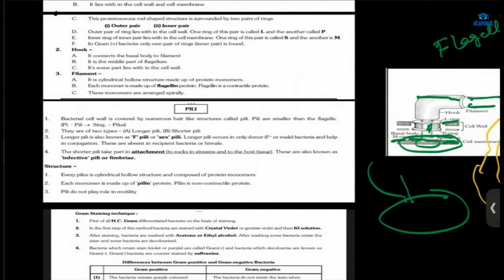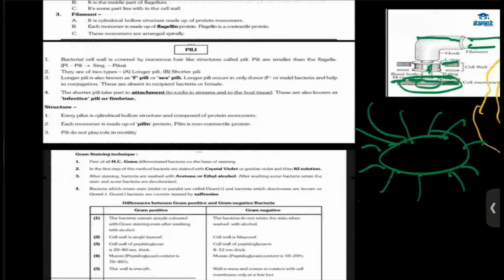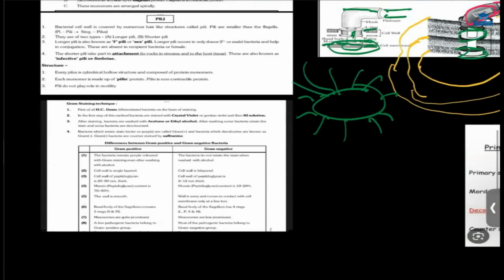We saw this. So for pili, there are two types. One is longer, the other one is shorter. The longer one is called F pili or sex pili. What happens is, this is the bacteria, and here you see this is the genetic material of this bacteria.